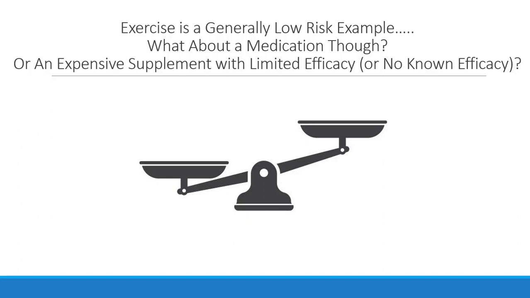It's generally low risk. So if you were to prescribe weight-bearing exercise to your 65-plus-year-old patient population, if they have good balance, that might be a safe thing for them to do. If you refer them to physical therapy, et cetera, to develop a program, that could be good.